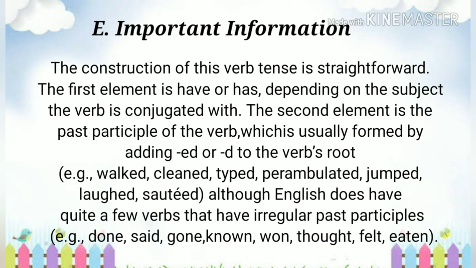The second element is the past participle of the verb, which is usually formed by adding -ed or -d to the verb, for example: walk, climb, type, jump, shout. Although English does have quite a few verbs that have irregular past participles.